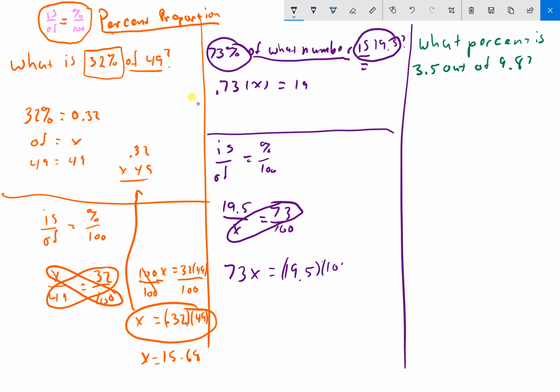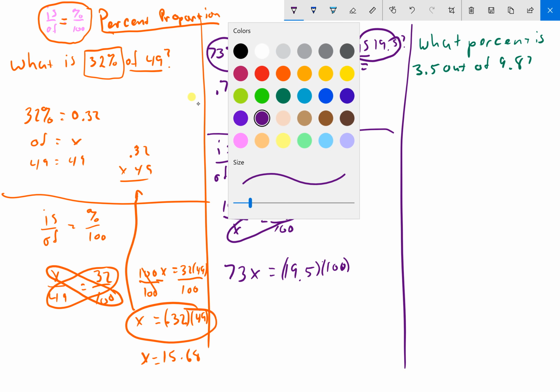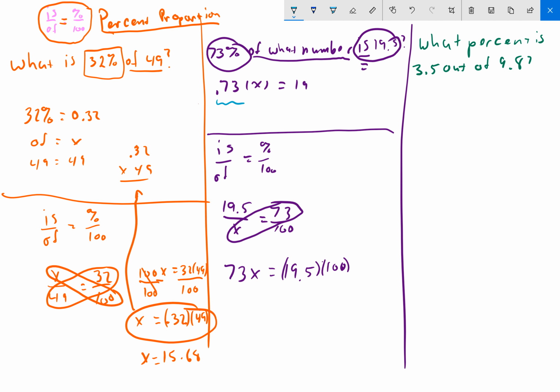And right now, you might be thinking, oh, you made a mistake, because look, here I had 0.73, now I don't have 0.73. Well, that is true, and the reason why is because if I were to divide the 73 by that 100, the 100 would go away, and that would become a 0.73.